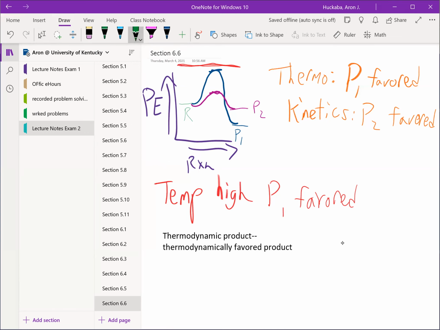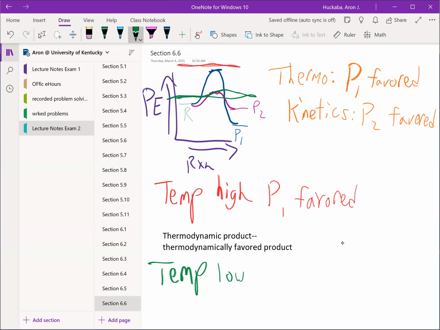So if temperature were low, and it's around here somewhere, right? If temperature were low, then there's less energy that can be used for the larger activation energy to make P1, which means that the molecule really only has enough energy to get over that lower energy barrier for P2.